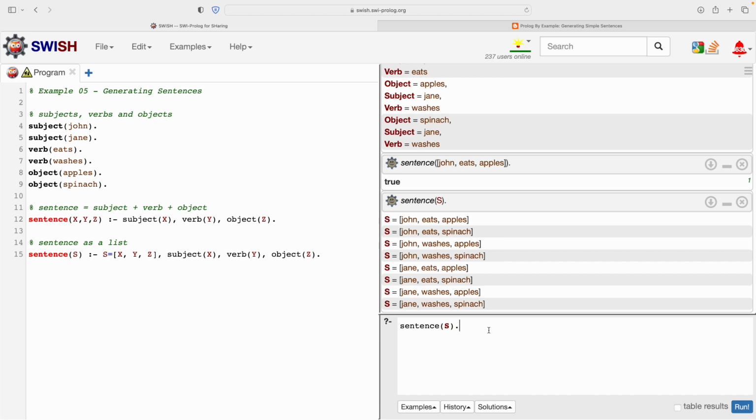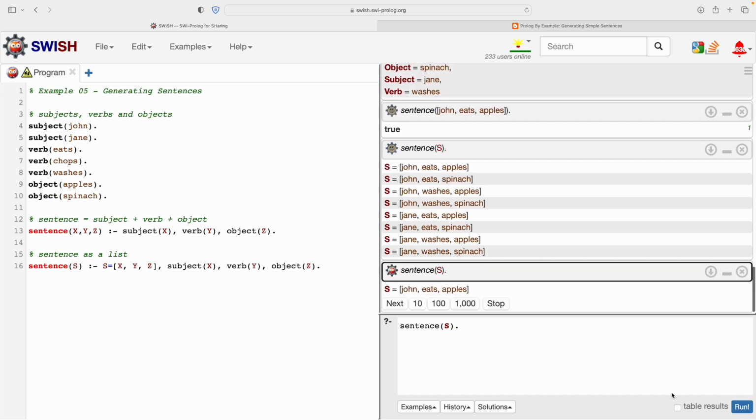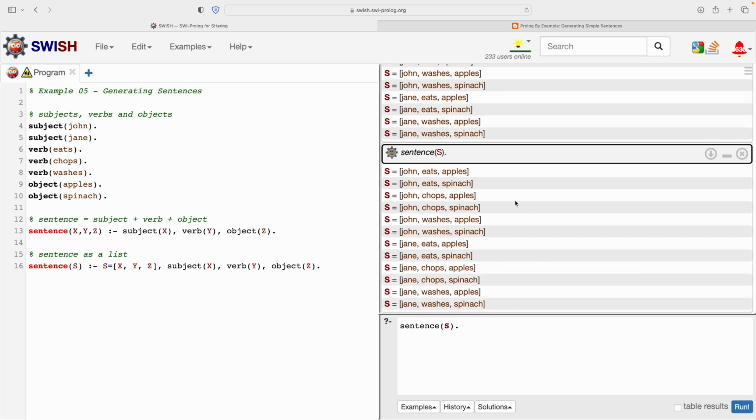And if we just add another verb, so eats, washes, chops as a verb, then if we run this, we should get more combinations. There you go. So we've got combinations with chops. So John chops apples, John chops spinach, Jane washes apples.